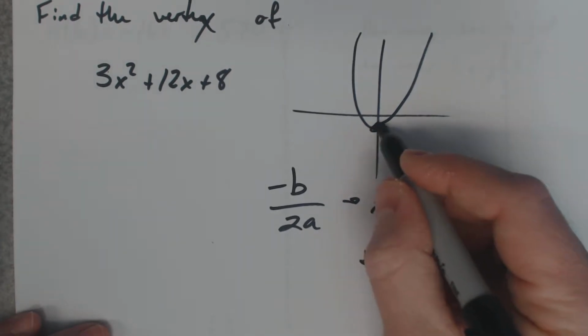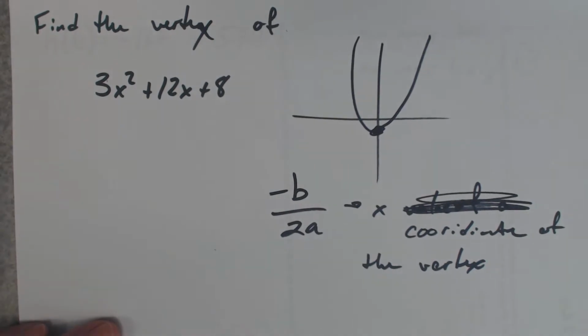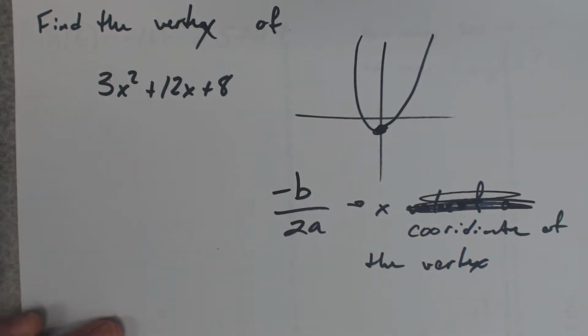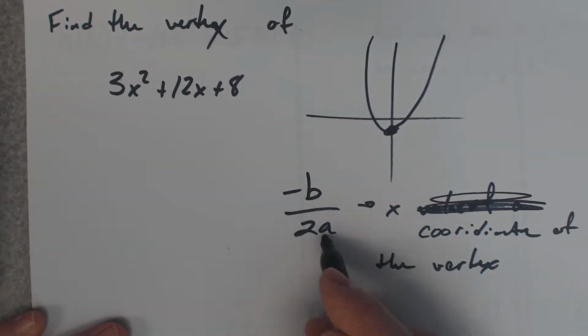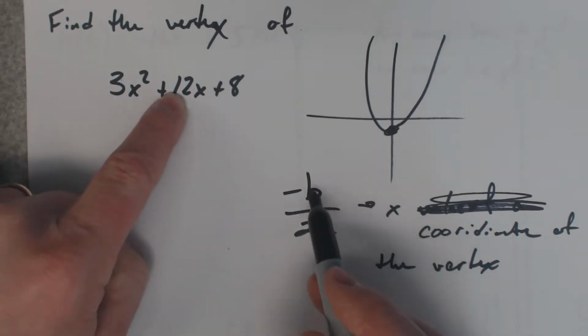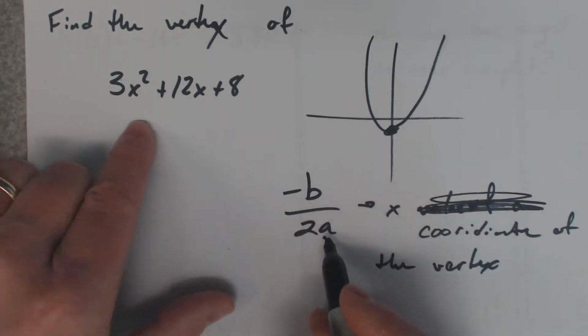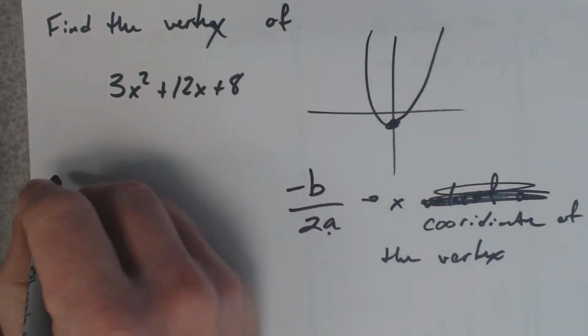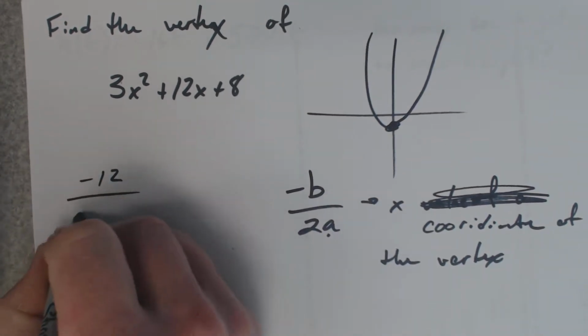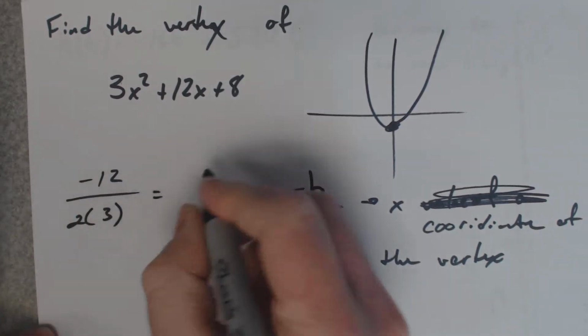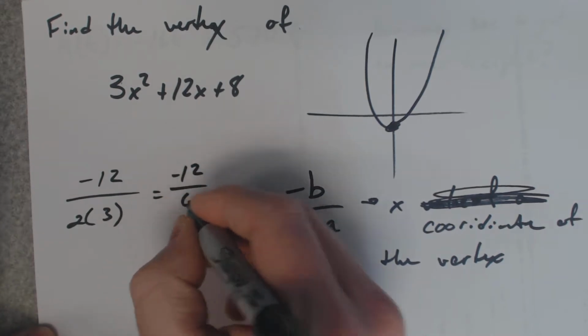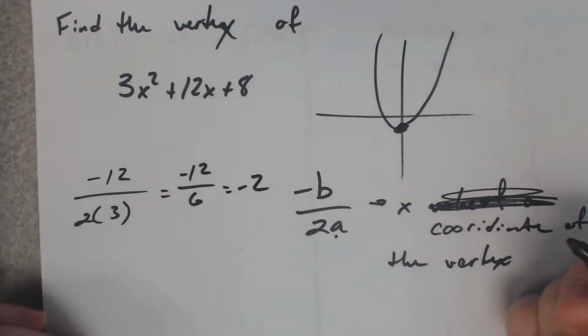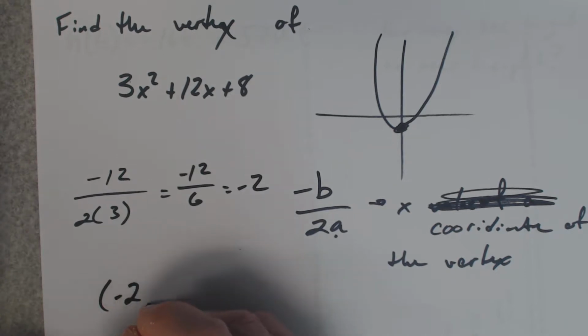It'll find the x coordinate for the point right there. All right, so the a value is 3. The b value is 12, like when you're doing the quadratic formula. That's the same a and b. So negative 12 over 2 times 3 is negative 12 over 6. Negative 2 is the x coordinate of the vertex.